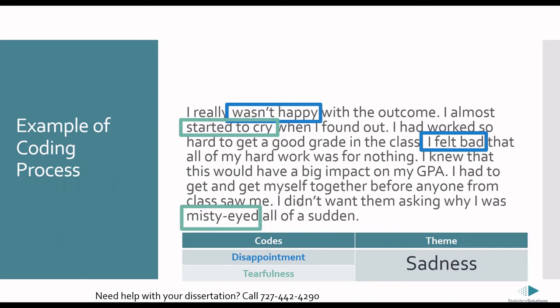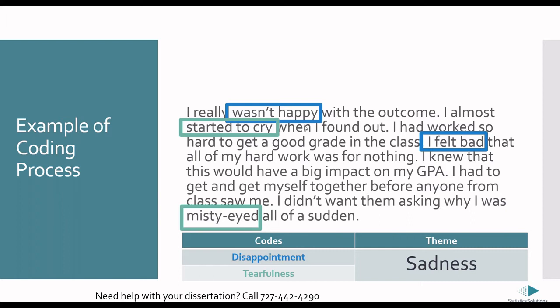I'm going to go back to this example as well. So if in this study we're looking at this experience of receiving a grade, okay, and this participant had a bad experience, a bad outcome, was disappointed, was tearful, knew that it would have a big impact on the GPA.